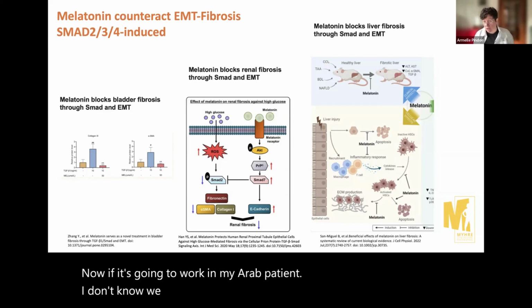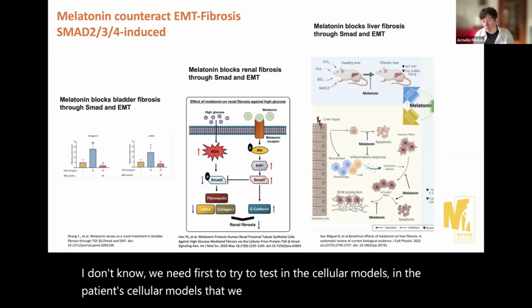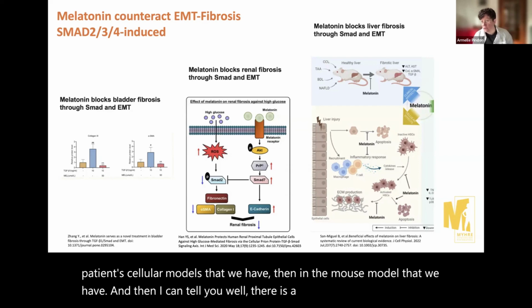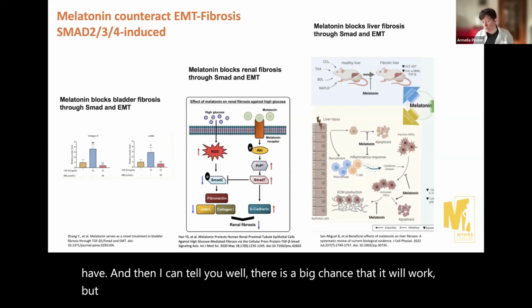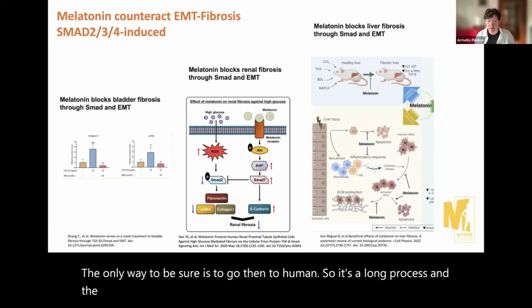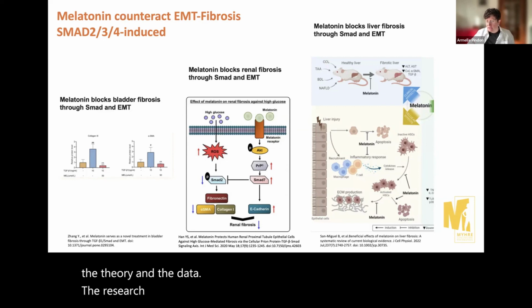We need first to test in the patient cellular models that we have, then in the mouse model, and then I can tell you there is a big chance that it will work, but the only way to be sure is to go to human. So it's a long process, and the theory and the data from other diseases point towards the direction that it could work for Myhre.